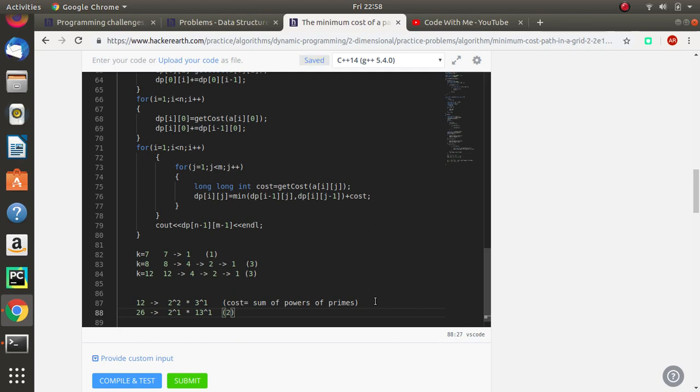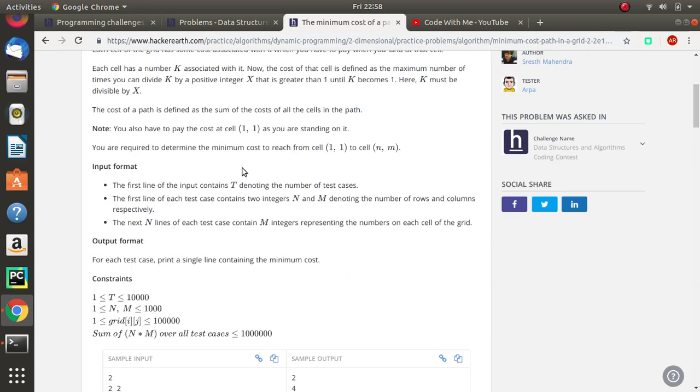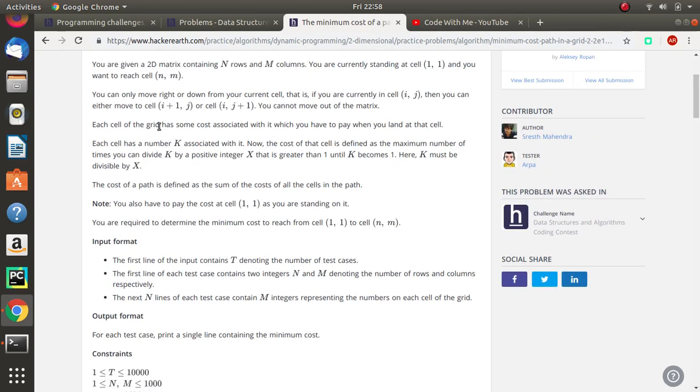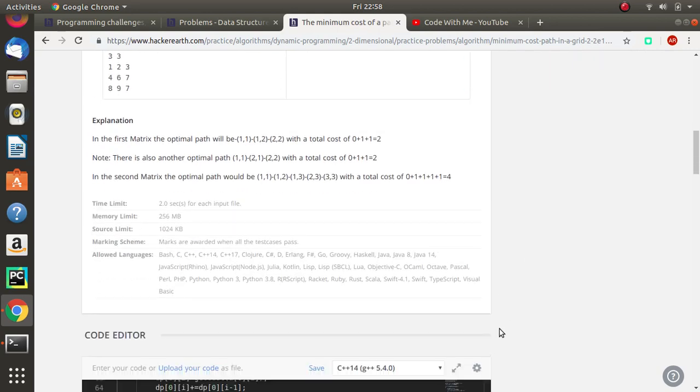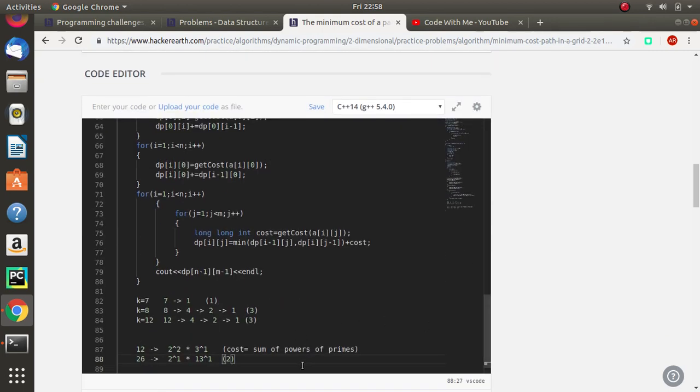If you try to find any other way, this will give the maximum number of steps. In the question it is given that we want the maximum number of times you can divide. So we'll get the maximum number of times only if we divide using prime numbers. So this was the base logic.